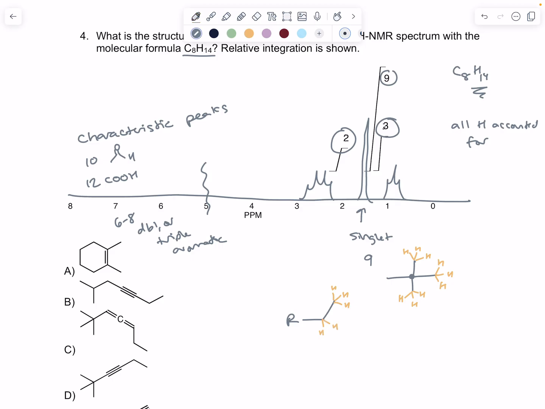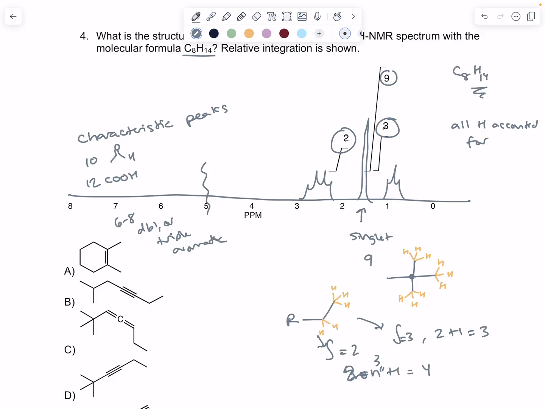In general, ethyls show up where this one integrates to 2 but has 3 neighbors, so N plus 1 where N equals 3 is 4. So a quartet with 4, and a triplet that integrates to 3 because it has 2 neighbors plus 1 equals 3. That is characteristic of an ethyl.